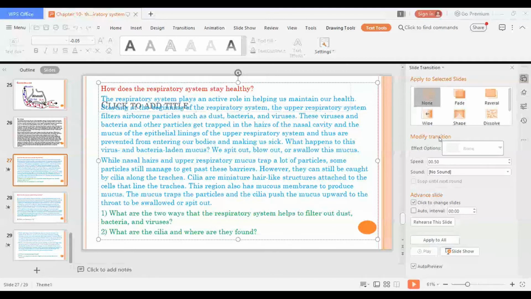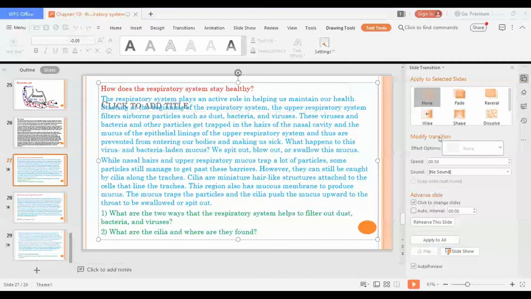Okay, class, so your friends have just read two paragraphs for you. Now we move on to step 2. When I show you the questions, please read the questions first and underline some keywords. So we have the first question. What are the 2 ways that the respiratory system helps to filter out bacteria and viruses?